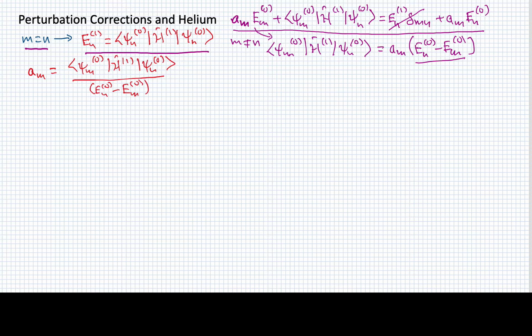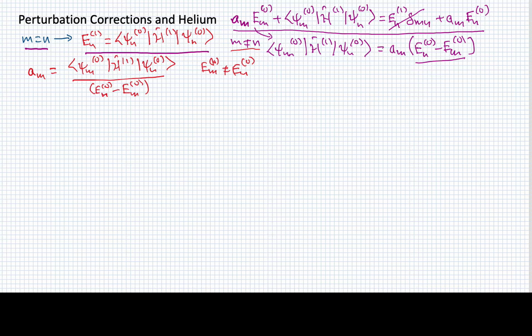Now you'll notice right off the bat I've got something in the denominator here that looks like it could be 0, but we've chosen m not equal to n, so as long as we can stipulate that these energies are not equivalent, that is to say, we don't have a degeneracy in our zeroth order system, then this is a fine result to get for this particular eigenstate.